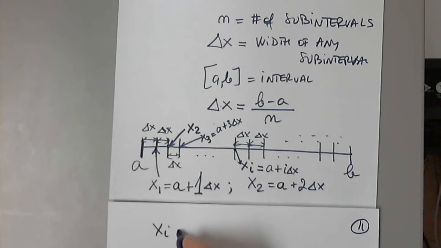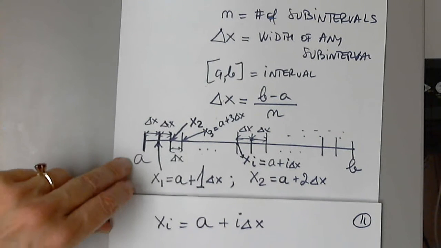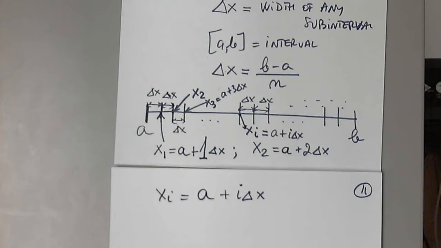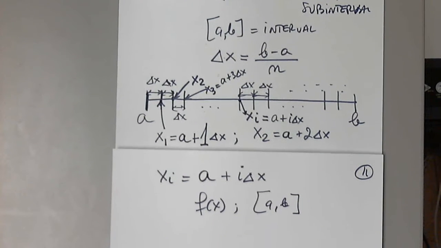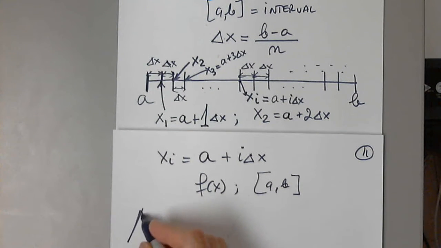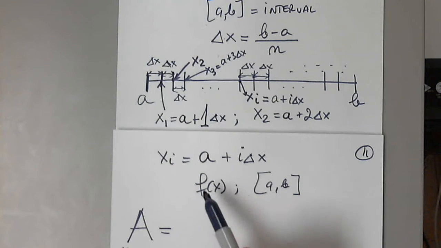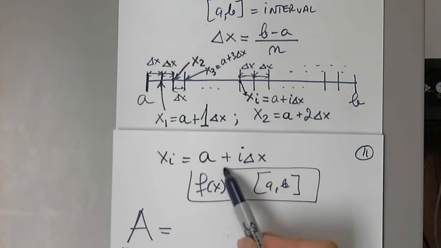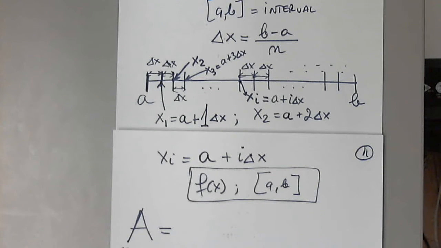Okay, so then xi we know is the leftmost point of the interval plus i delta x. Perfect. So now for any function, this is our function, this is the interval a comma b. We want to find the exact area under the graph of f of x between a and b.